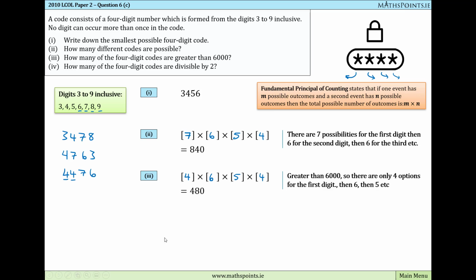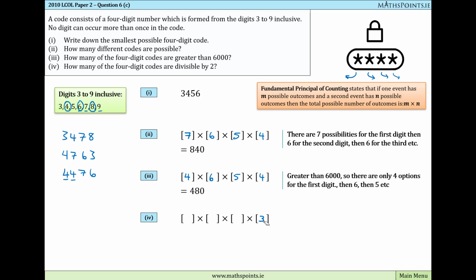The final question, again, there are restrictions placed on it. We want 4-digit codes that are divisible by 2. If we think of numbers that are divisible by 2, they must end in an even number. So they could end with 4, 6, or 8. So if we draw our 4 boxes again, and they must end with an even number, there's 3 options for that final position.